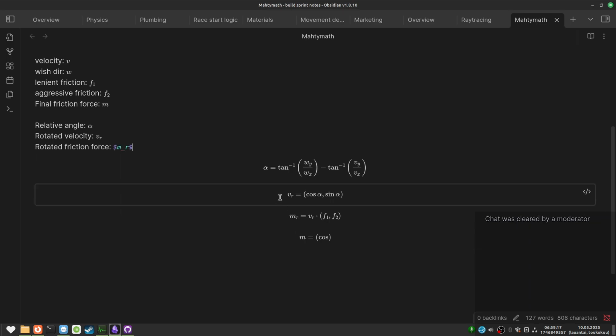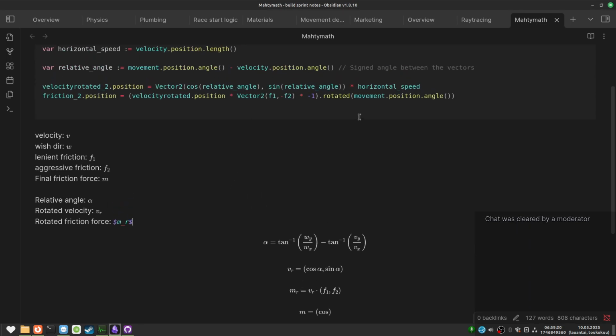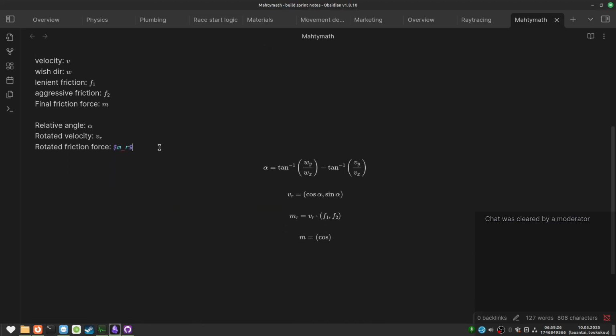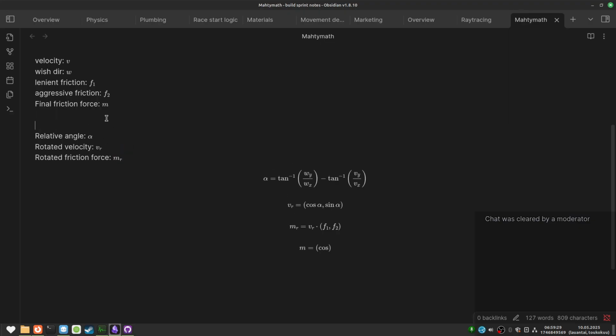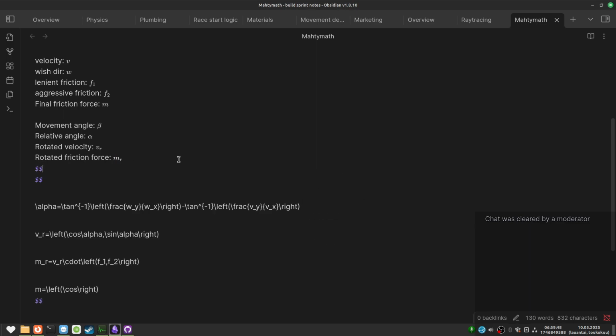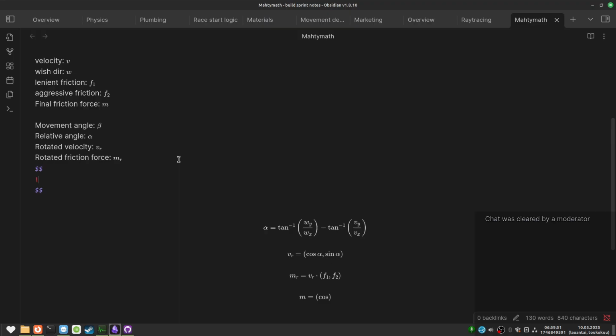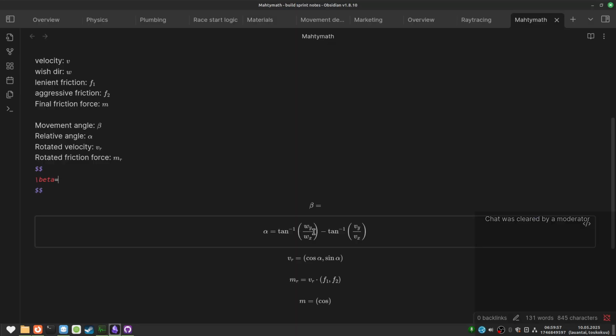Actually, what am I rotating it by here? I'm rotating it by the movement angle. Let's do this as beta. Whatever. Actually, I kind of want to do... Nah, I'll do beta. It's whatever. And well, movement angle equals wish direction angle.